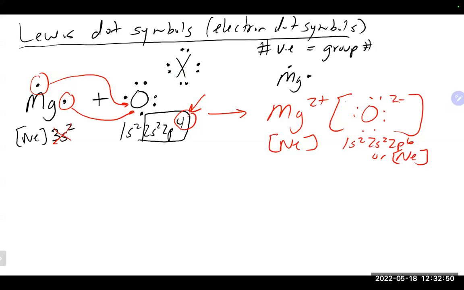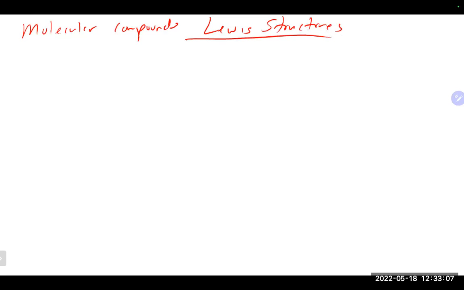We also talked about drawing covalent compounds or molecular compounds using Lewis structures. And there's several steps.